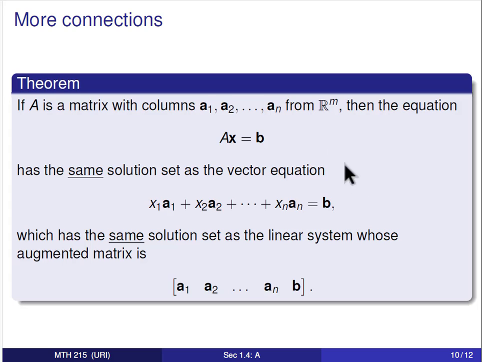So the same solutions will exist for the matrix equation and for the vector equation. And of course, to find those solutions, what we want to do is solve the linear system that goes with them, the linear system whose augmented matrix is formed from those columns as the first n columns, and then b carried down as your right-hand column of that augmented matrix.